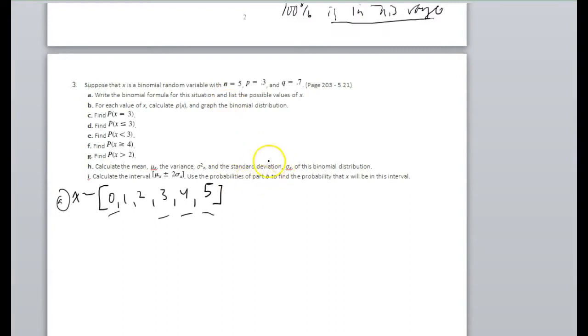And then it's asking for what the binomial formula is. So the binomial formula is that p of x is equal to n choose x.